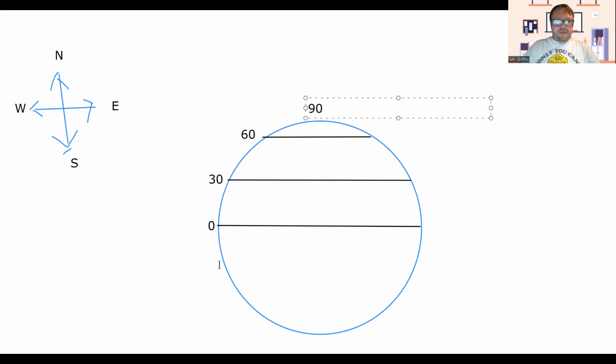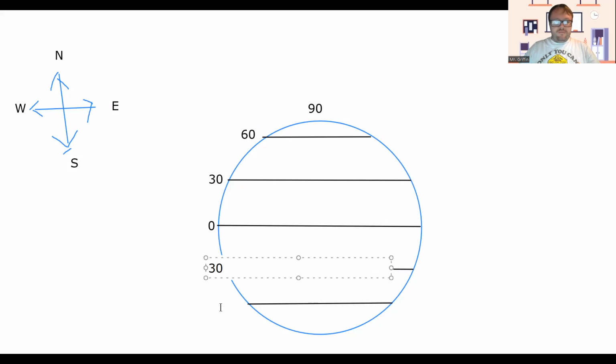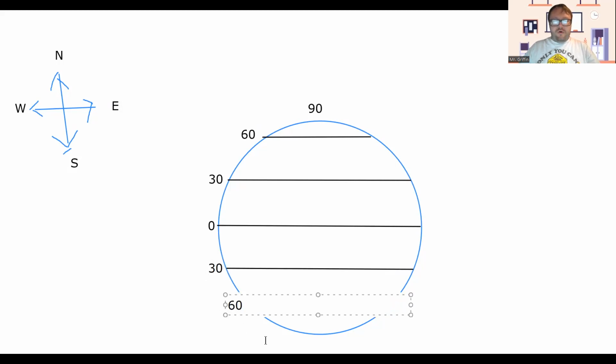Now I'm going to divide my southern hemisphere into 3 equal parts as well. 1, 2, and 3, all right? And then I have 30 degrees, 60 degrees, and at the South Pole, I'm going to have 90 degrees.